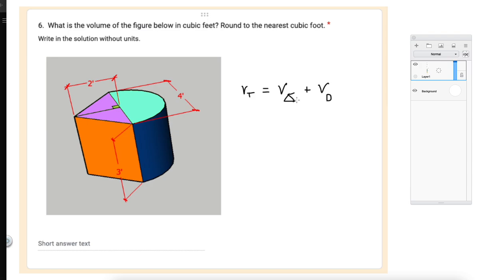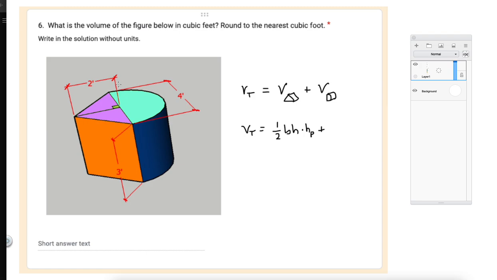Or maybe I can make it 3D, like this. What is the volume equation for a triangular prism? We take the area of the footprint, which is 1/2 base times height of the triangle, times the height of the prism.